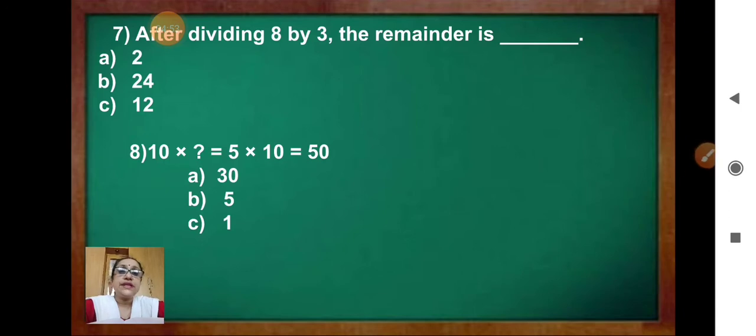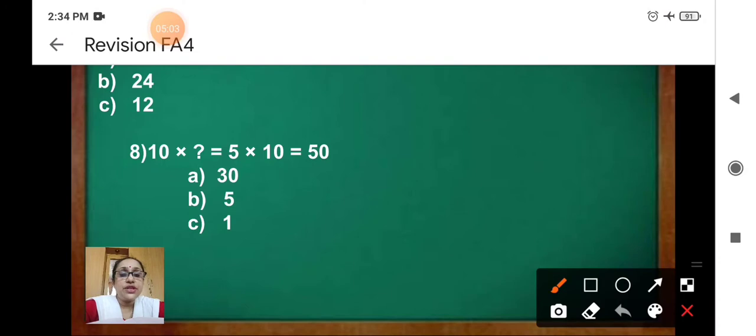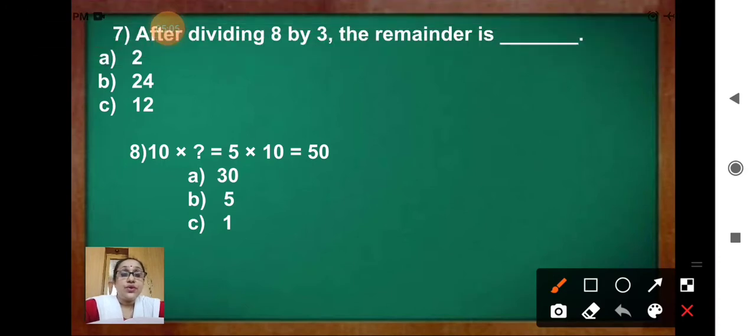Now question 7. After dividing 8 by 3, the remainder is dash. Now, how you do the division? You have to find out the remainder. So, do the rough work. Write 8, okay? And you make the box like this, no? And then divide by 3.